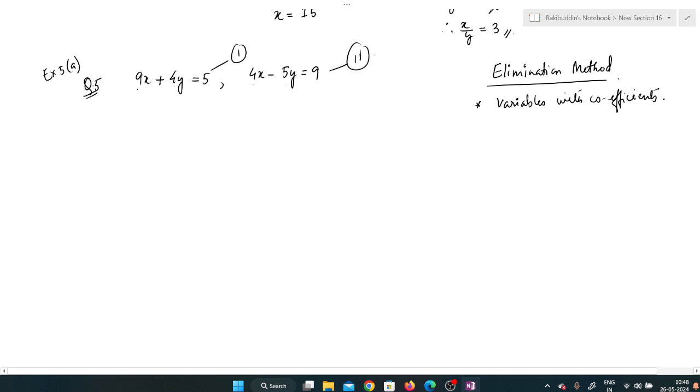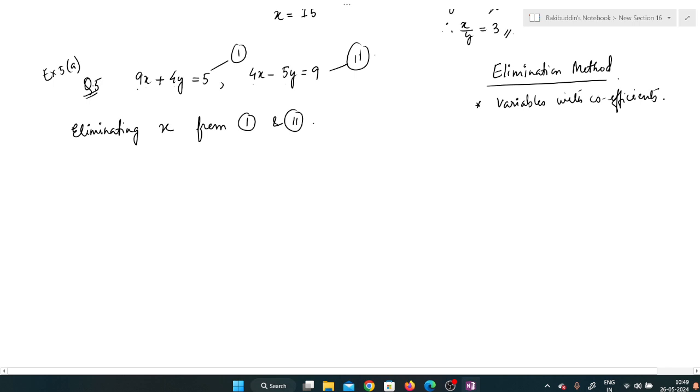You can choose either y or x, and in both ways the process will remain the same. So you need to know that in elimination, suppose I am eliminating x from equations 1 and 2.